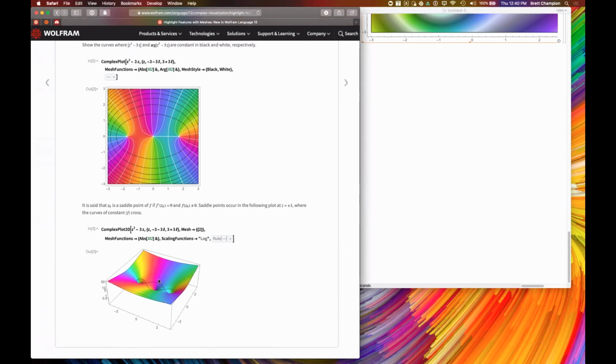I'll point out that this complex plot 3D is using a log scaling function, which is really useful sometimes.